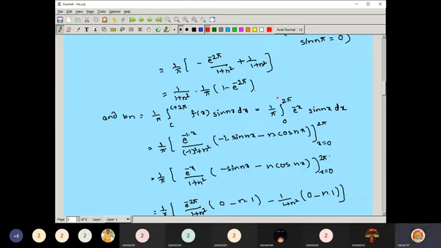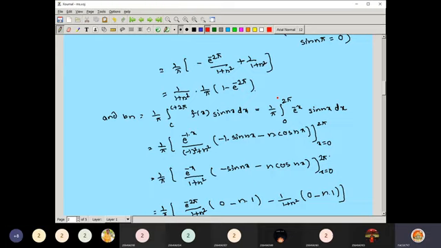So our main target is, whenever a problem is given, a function should be given along with an interval. Based on those two, you directly construct the Fourier series. Construction in the sense that you are just finding the a naught, an and bn values.